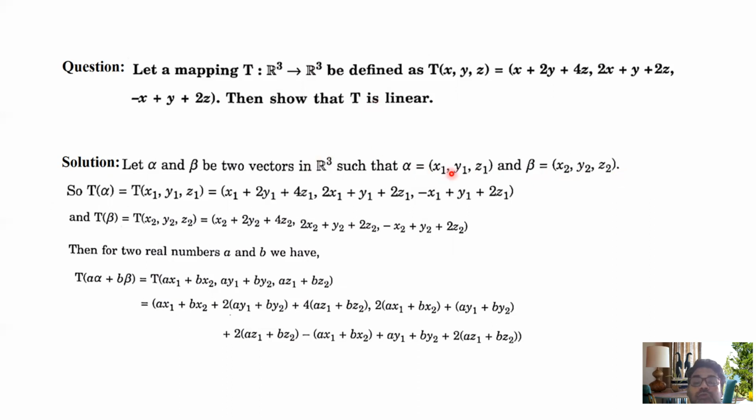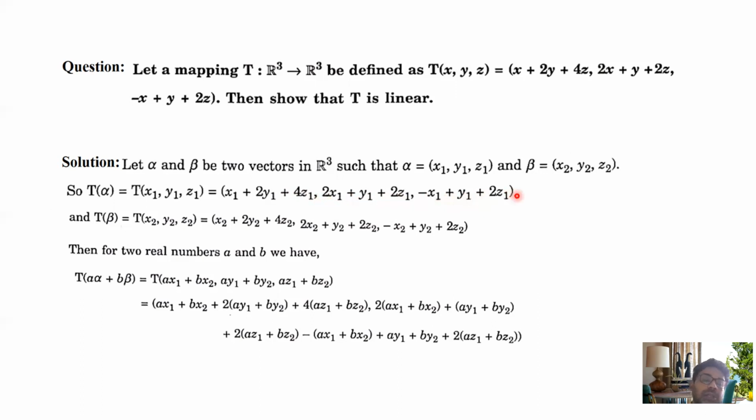So now these vectors, alpha and beta, are coming from R cube. So that means these two vectors must satisfy this relation. So T alpha is equal to T(x1, y1, z1) which is (x1 plus 2y1 plus 4z1, 2x1 plus y1 plus 2z1, minus x1 plus y1 plus 2z1).